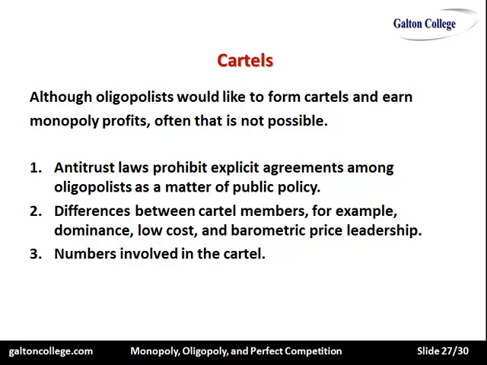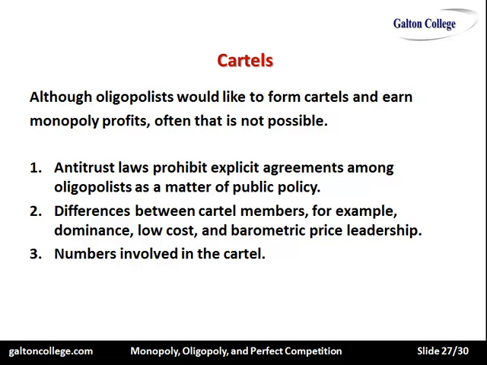But also there's an issue about the numbers involved. When a cartel gets bigger and more companies join it, it's more difficult to get an agreement. It's like in a club. If there are only 3 or 4 members in the club, they can easily sit around, discuss the issues and agree.